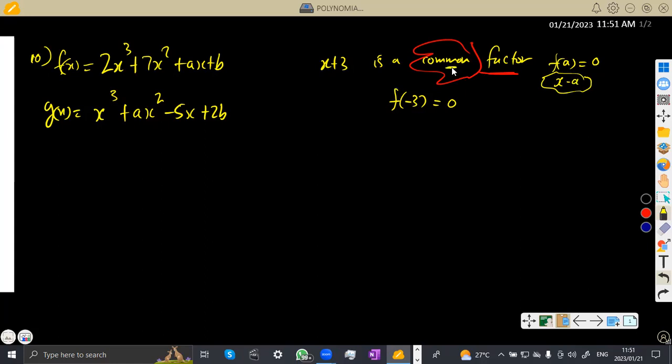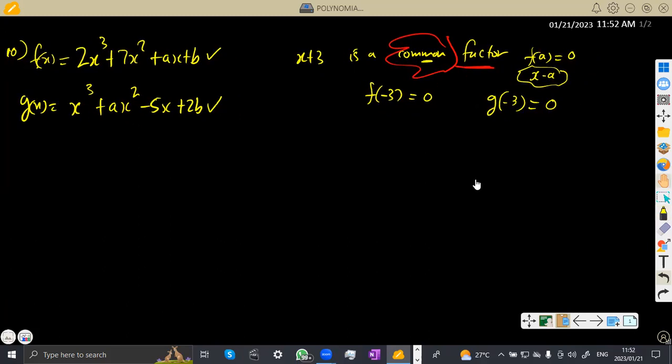But it's a common factor, which means it's a factor of f of x and it's also a factor of g of x. So g of minus 3 must also be equal to 0, just like f of minus 3. So we are just substituting for f of minus 3 to be equal to 0.